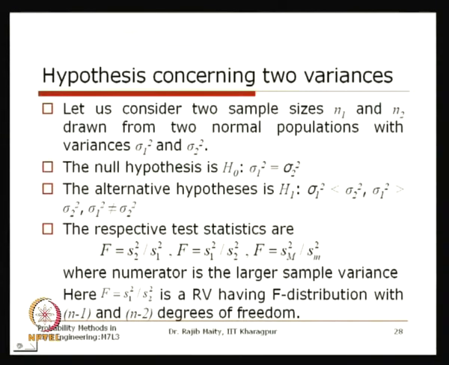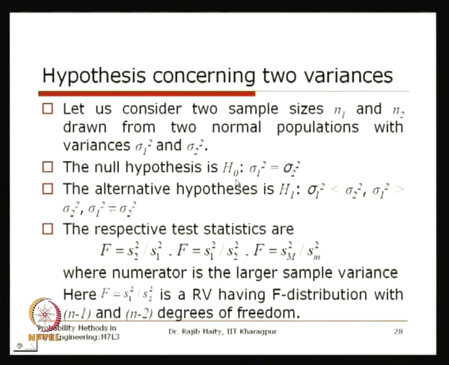Well, now we will take hypotheses concerning two variances. Let us consider two samples of sizes n1 and n2 drawn from two normal populations. This is the requirement: whatever samples we draw are from normal populations with variances sigma 1 square and sigma 2 square.